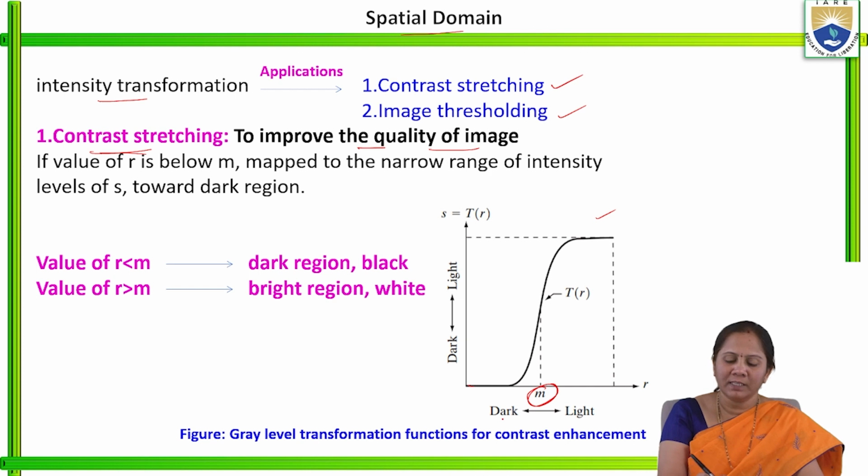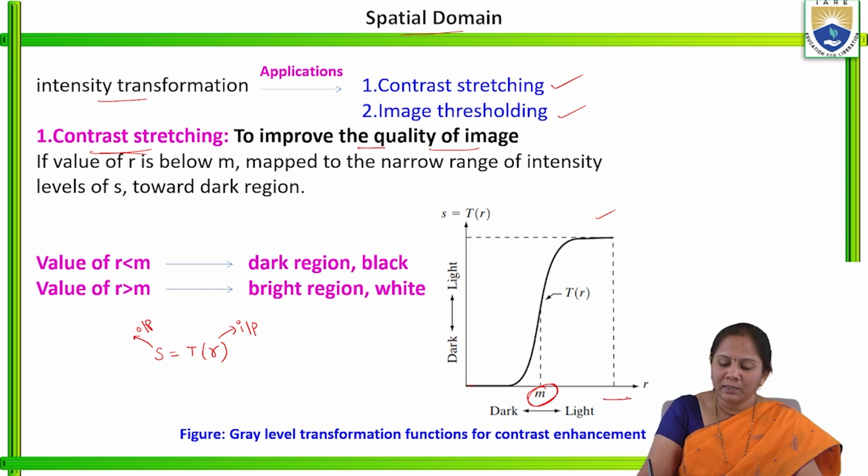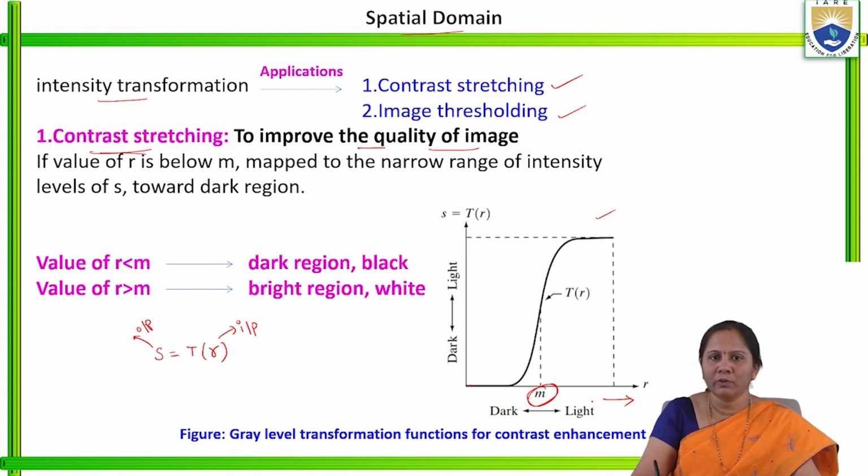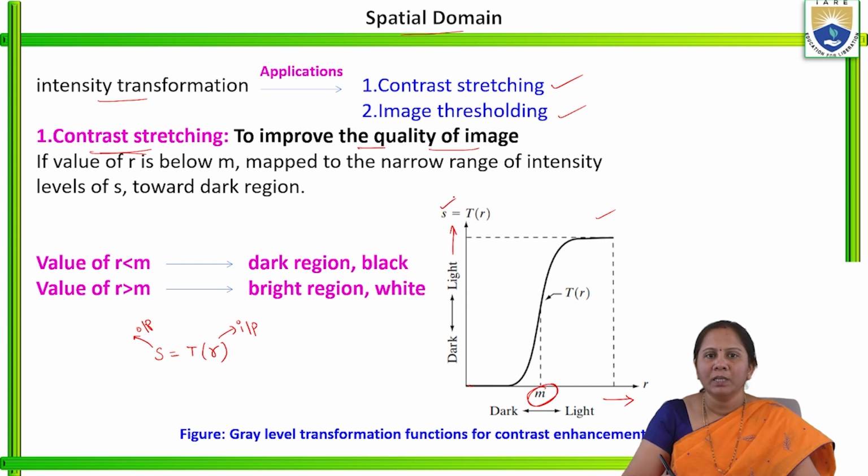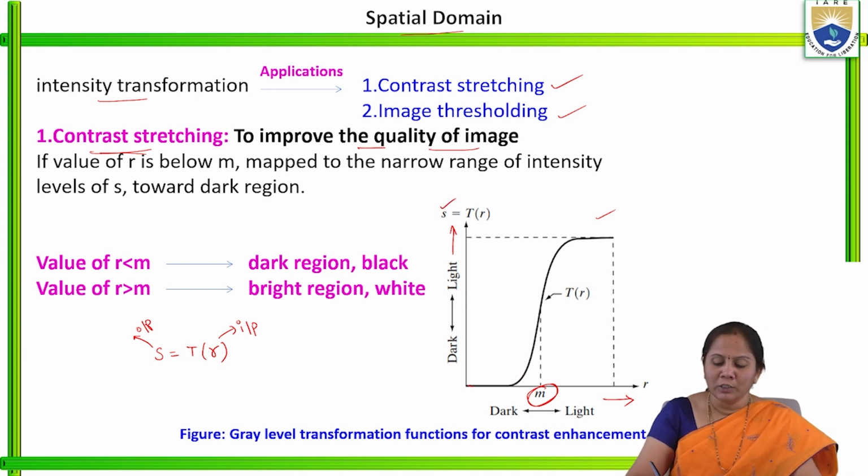As we have seen in the previous slide, the general formula of the spatial domain is S equals T of R, where R represents the input image and S represents the output image. In this graph, R is on the x-axis, that is, pixel values of the input image are represented on the x-axis, and pixel values of the output image S are represented on the y-axis. Here we can see the transfer function.